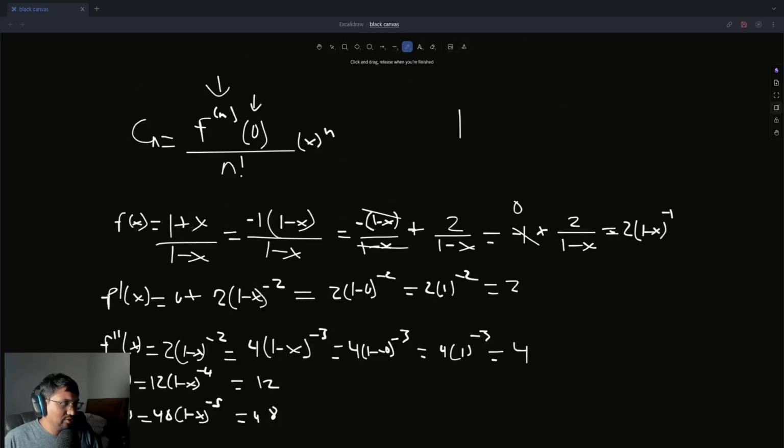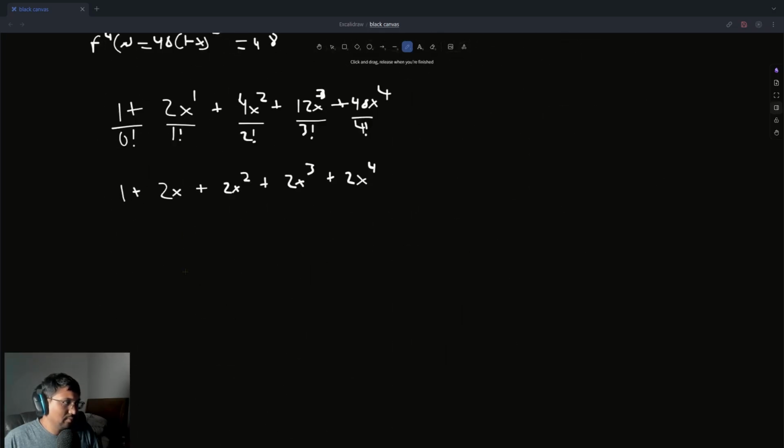We know that the form 1 over 1 minus x is the power series representation for a geometric series, the sum of x to the n, and that usually is a x raised to the n.